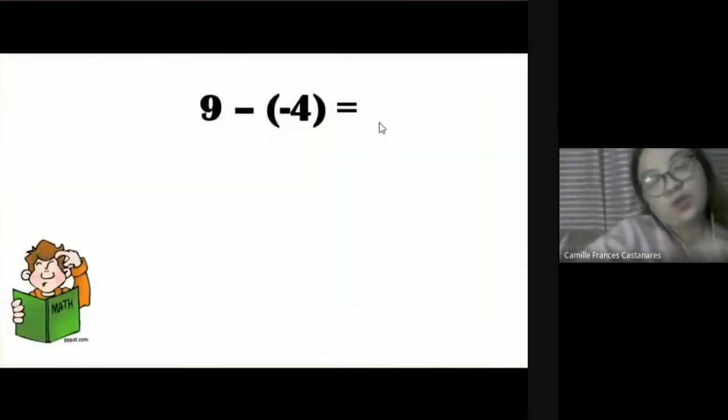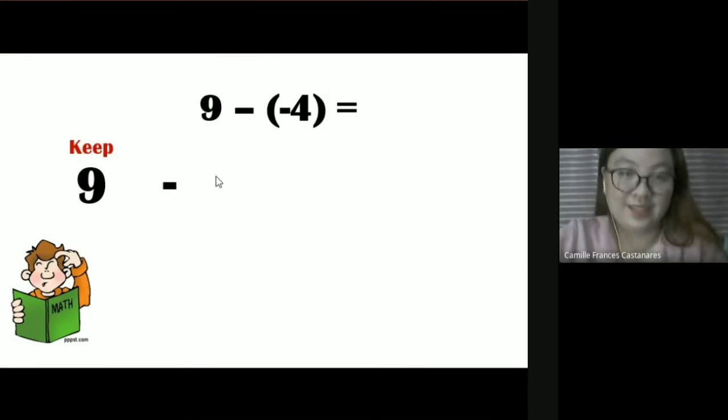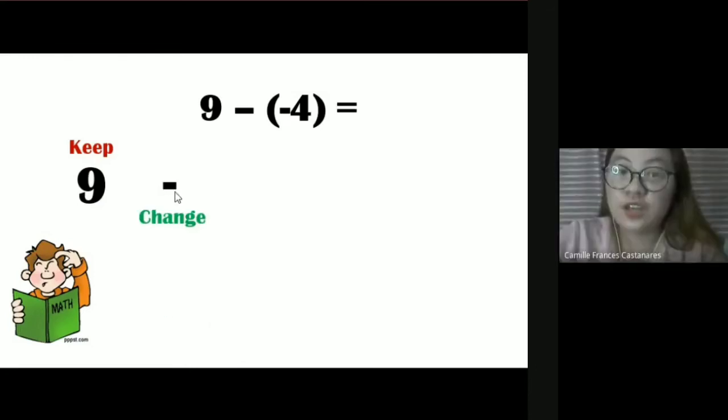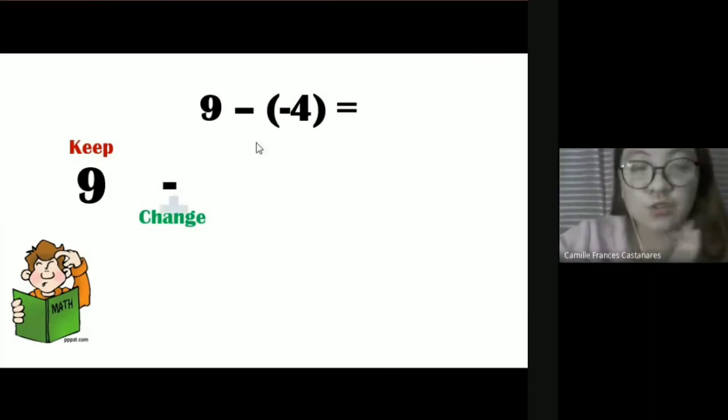So for example, we have 9 minus negative 4. Again, keep, change, change. First, keep the first number. The first number here is positive 9, so we will keep the positive 9. Next, what is the next step? Change the operation from minus to addition, from subtraction to addition.